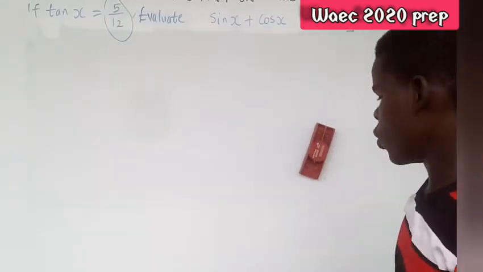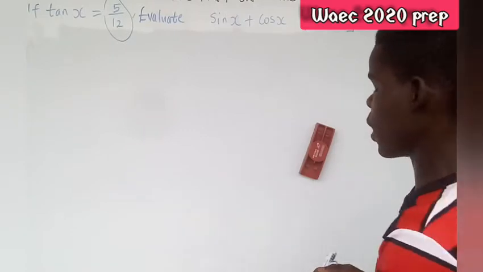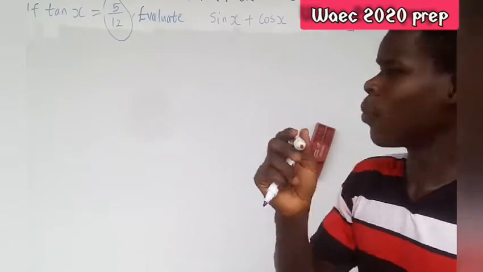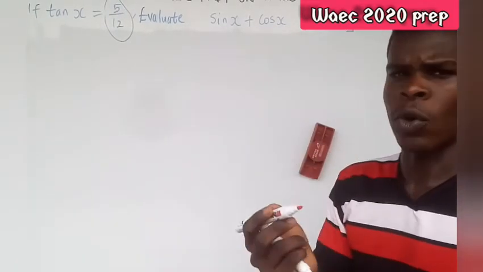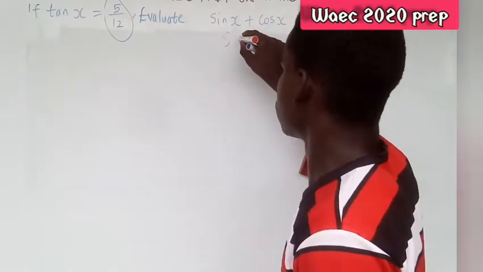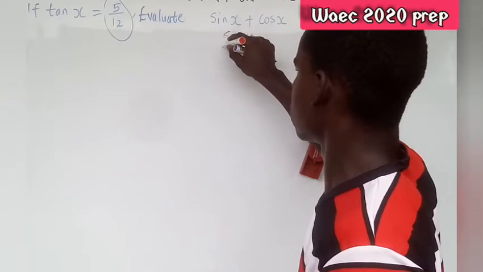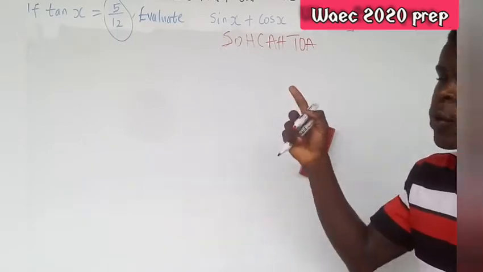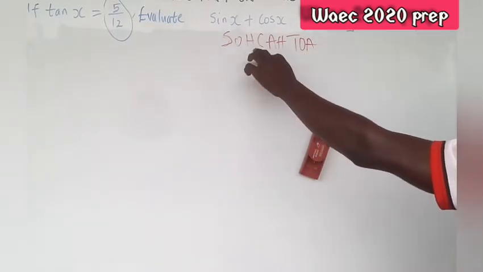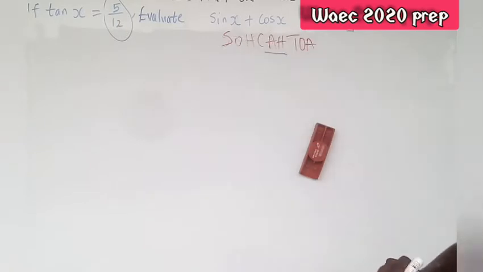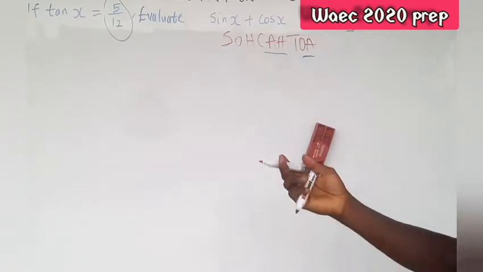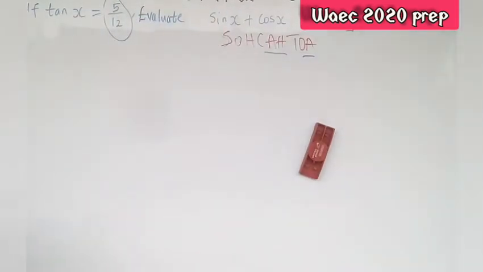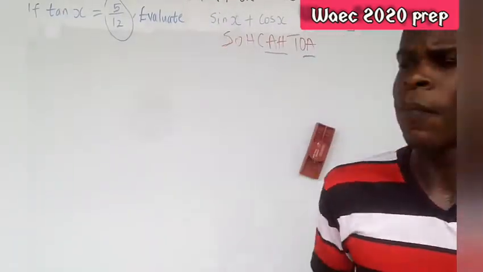At that point, I want you to remember what we call SOHCAHTOA, where sine is opposite over hypotenuse, cosine is adjacent over hypotenuse, and tangent is opposite over adjacent. So we are going to make use of a right angle triangle in order to go about this.